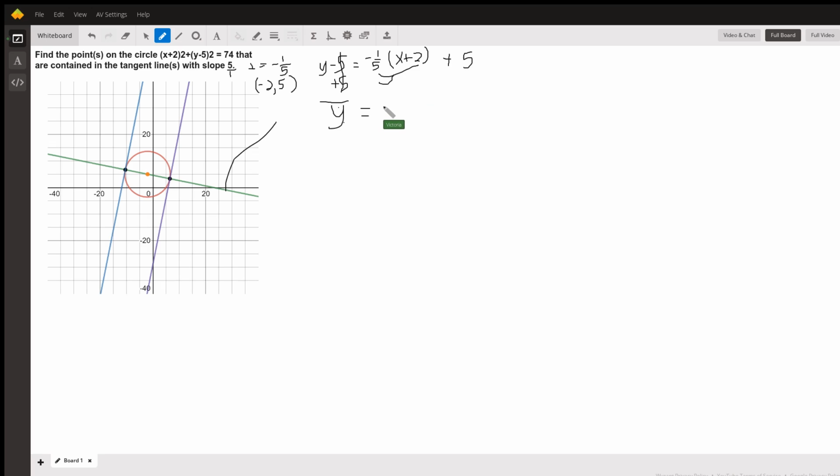On this side, we get negative 1/5 x. And then the minus 1/5 times 2 gives us minus 2/5. And then 5, if we were going to get a common denominator, we would multiply this by 5 over 5, which is multiplying it by 1, and get that I'm adding 25/5, which is the number 5.